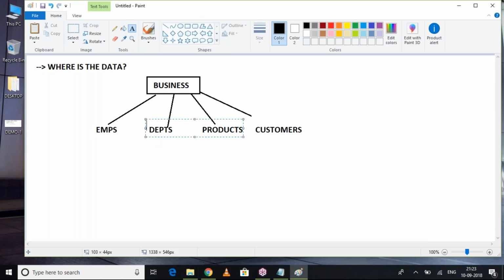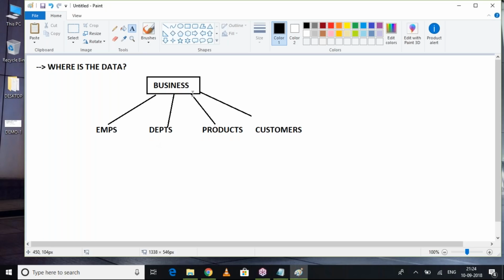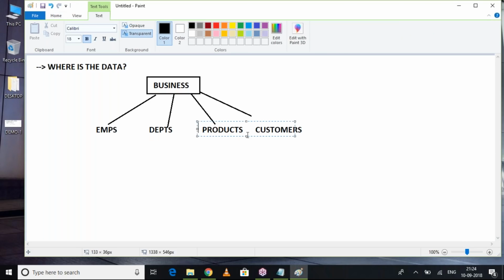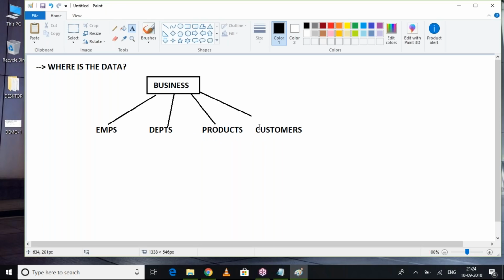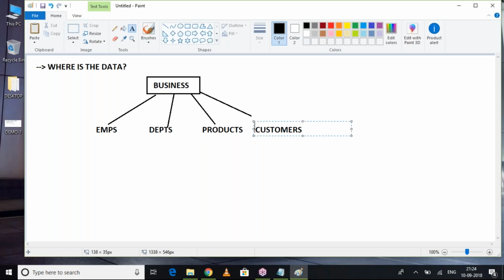And the business was started either to manufacture products or to sell products or to provide service. And the products are sold to whom? Some people. Those people are called customers.